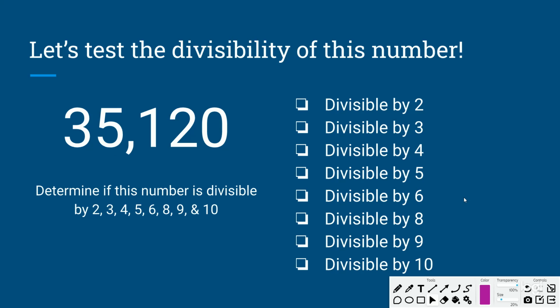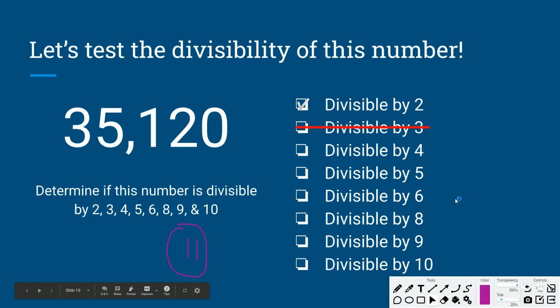The next example is 35,120. When I look at the last digit, it's a 0, so is that divisible by 2? Yes, it is. When I add up these numbers, 3 plus 5 plus 1 plus 2, I get 11. So is 11 divisible by 3?